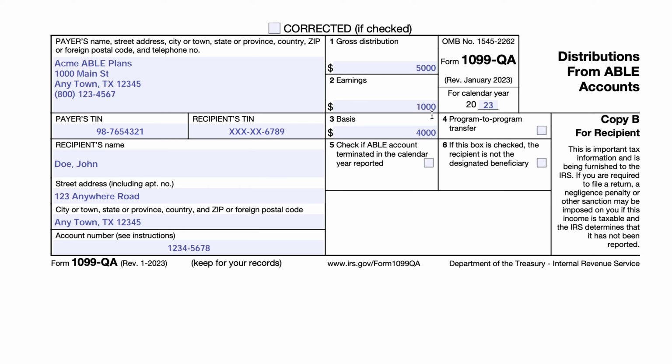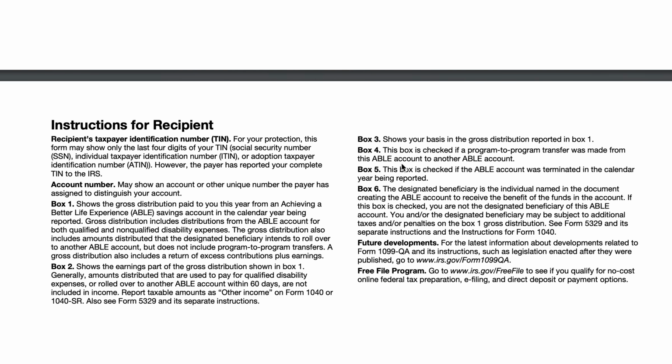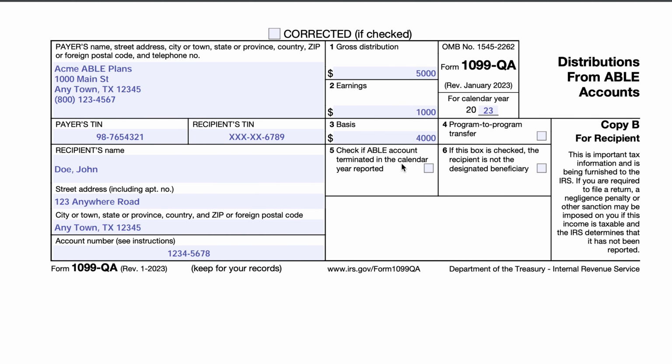This isn't made very clear for the recipients in the recipient instructions right here. However, in the form instructions, it does clearly state that box 1 minus box 2 should equal box 3. So those are the instructions for your account custodian.